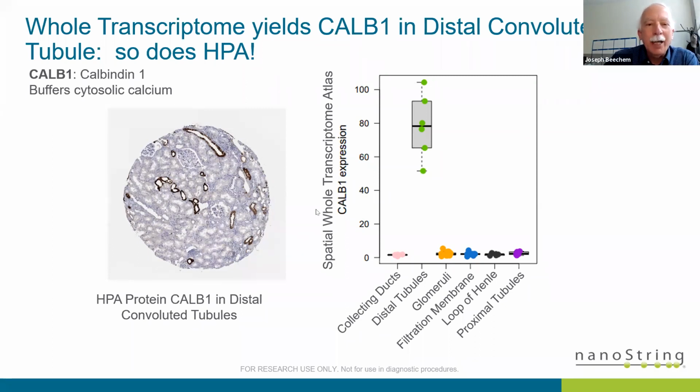And what do I get when I do the whole transcriptome and I'm just taking the CALB1 message? Where does it show up? The only place that message shows up is in the distal tubules. All the other parts of that little train that I was walking, doing whole transcriptomes, are nothing. You hit that particular region, it pops up there. Exactly recapitulating the information in the HPA for both the target and the location.